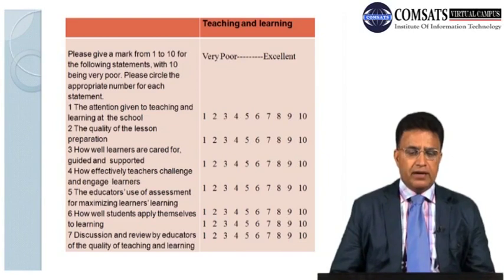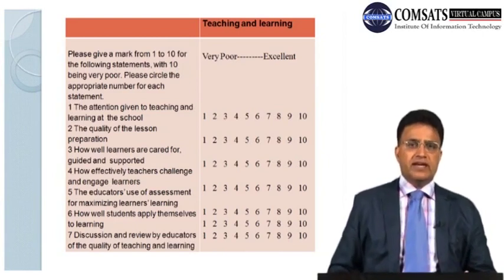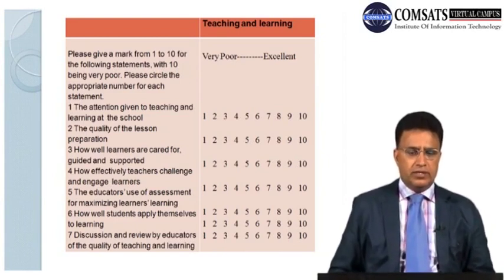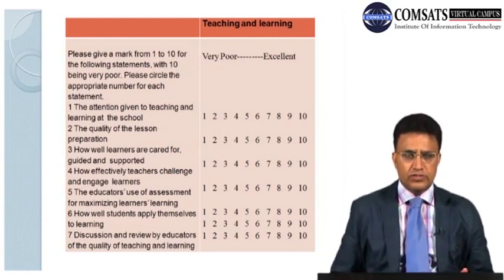Please give a mark from 1 to 10 for the following statements, with 10 being very poor, and please circle the appropriate number for each statement. That is the language of the instructions, the language of the question.